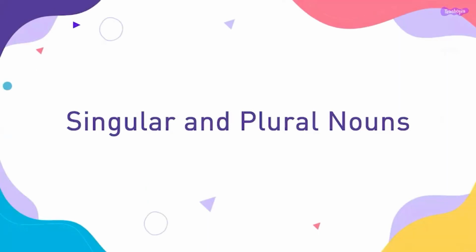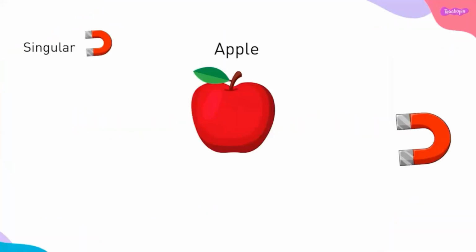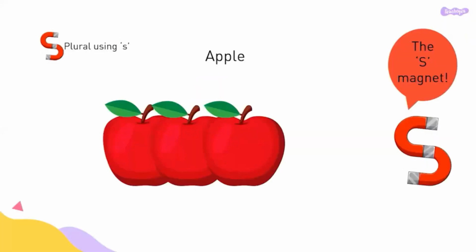Let us look at singular and plural nouns. Hey, what is this thing that looks like a magnet? This is an S magnet. What does the S magnet do? The S magnet attracts multiple nouns and creates plural nouns.